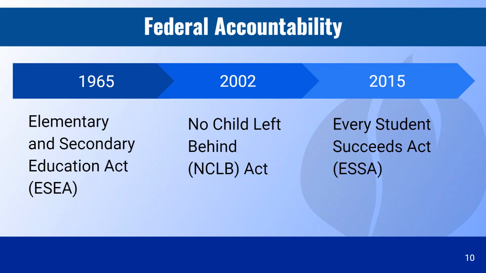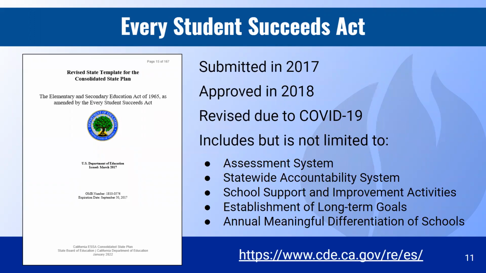ESSA was a reauthorization of the Elementary and Secondary Education Act, or ESEA, of 1965, which had previously been reauthorized under the Bush administration as No Child Left Behind, or NCLB. Each state was required to develop an ESSA state plan to meet ESSA requirements and receive federal funding, such as Title I, Title II, Title III, and so forth.